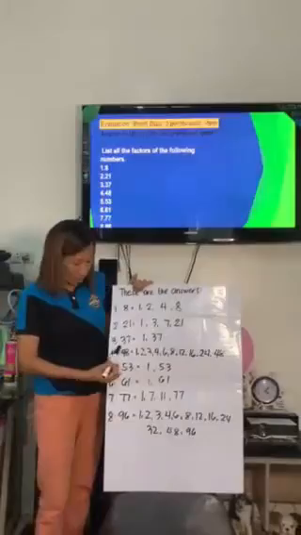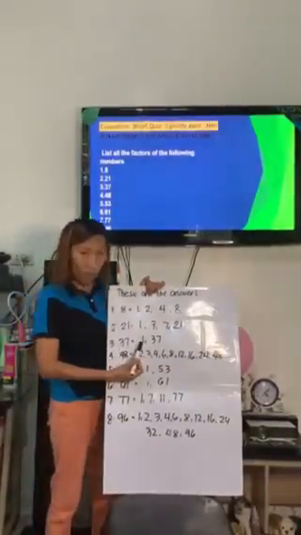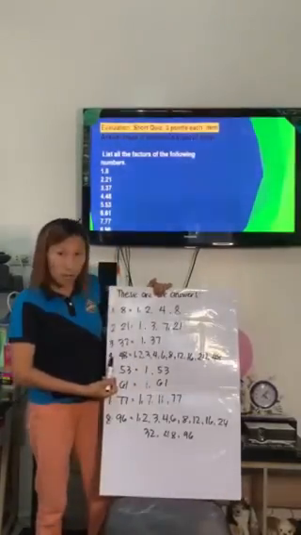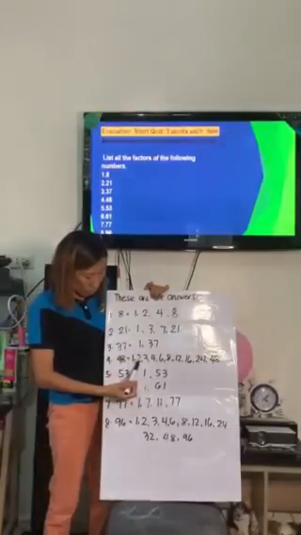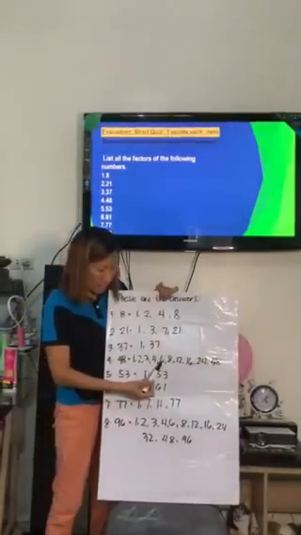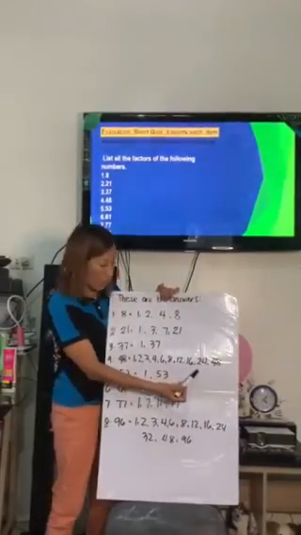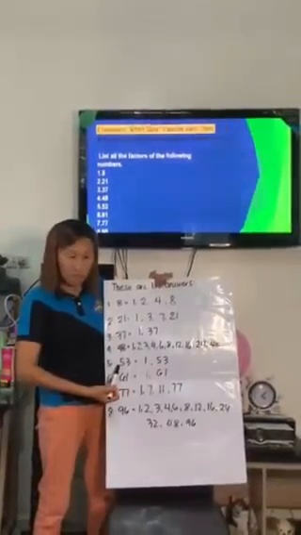Number 3, 37. We have the answer here, 1 and 37. Number 4, 48. These are the answers: 1, 2, 3, 4, 6, 8, 12, 16, 24, and 48. In number 5, here we have 53.